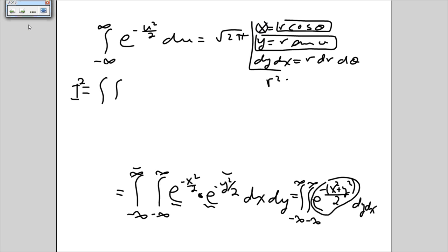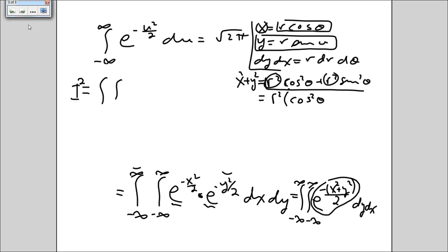Well, if you have r squared cosine squared theta plus r squared sine squared theta, like I said, this is x squared plus y squared. On the right-hand side, you can factor out the r squared, and you're left with cosine squared plus sine squared. But what's in that bracket is 1. R squared times 1 is r squared. So yes, x squared plus y squared is really r squared.